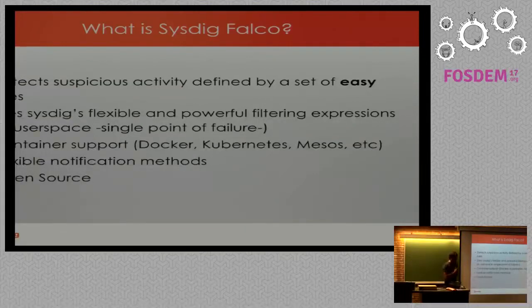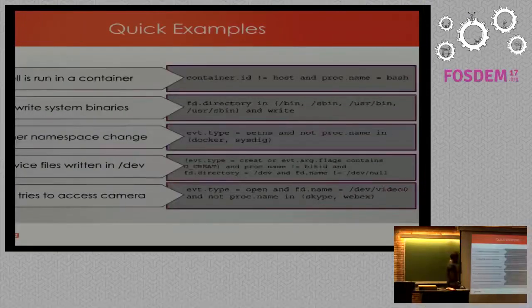So I said before, we work very well with containers. Given that we are in user space, we are able to talk with the Docker API, with the Kubernetes API, with different container orchestration APIs, and apply that metadata, those concepts, in the security and in the rules that you define. So I'm going to give you a few examples.